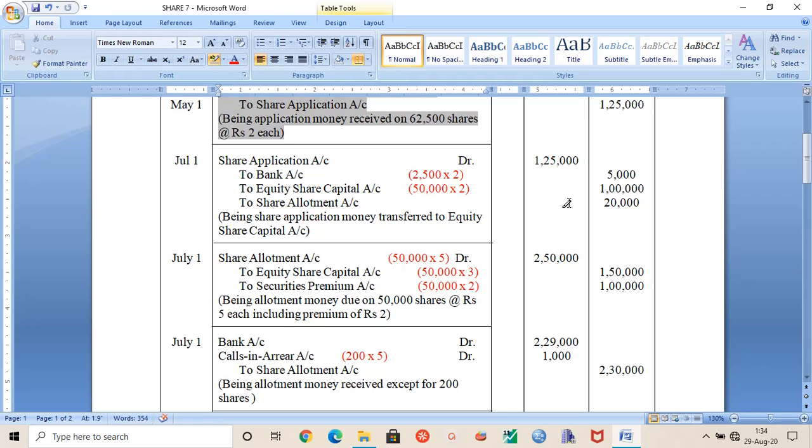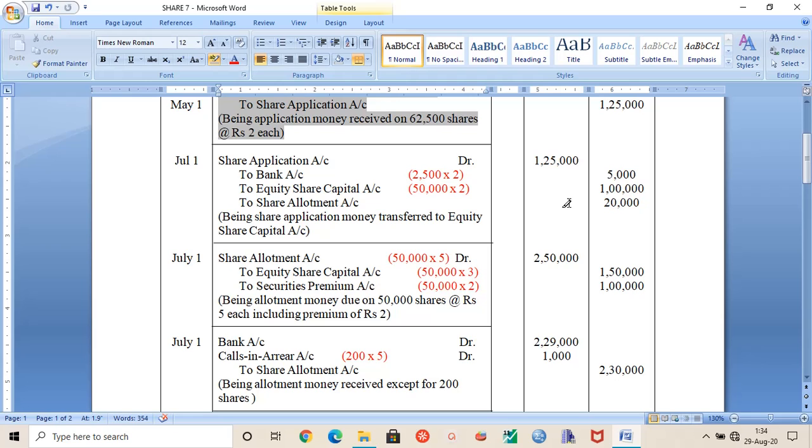It is normally adjusted with allotment, but sometimes that excess money can be adjusted with your allotment, as well as the first call, as well as the final call also. So there can be such situations.